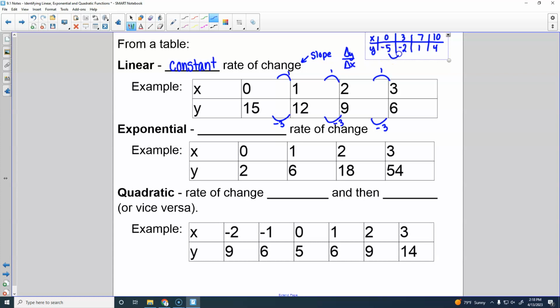Because it's going up by 3 each time, but I'm not going up by the same amount on the top each time. So this would be 3 over 3. This one would be 3 over 4. This one would be 3 over 3. So you wouldn't have a constant rate of change. So that one actually would not be any of those. But you do have to pay attention to what's happening with your x values also.